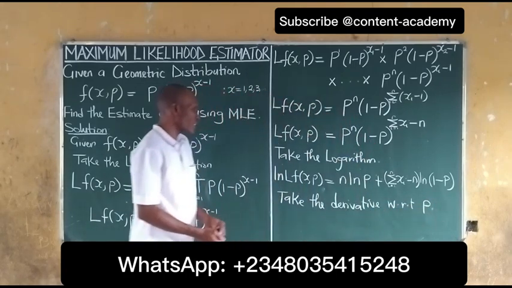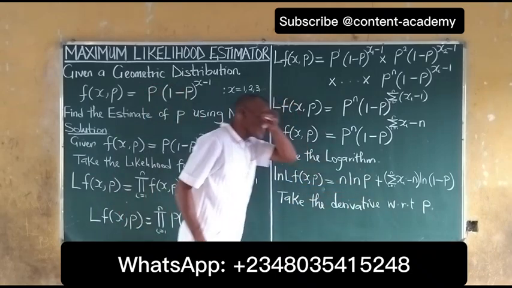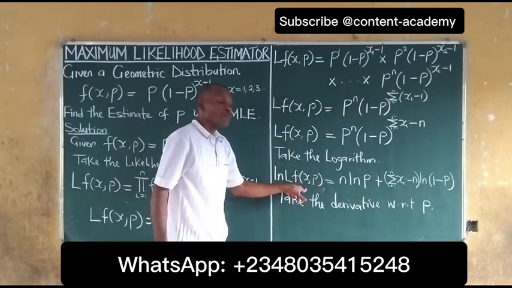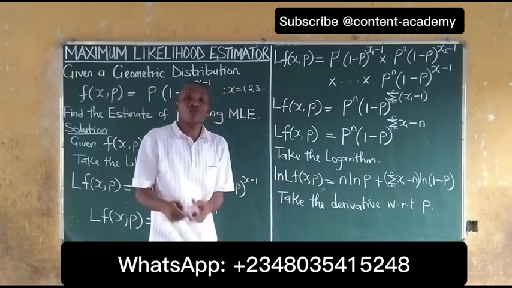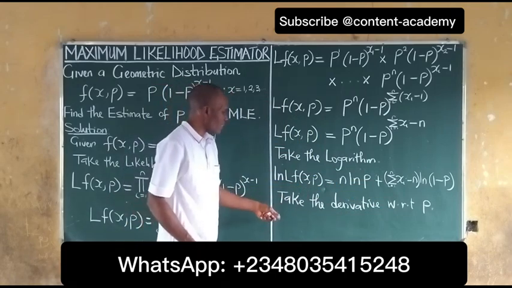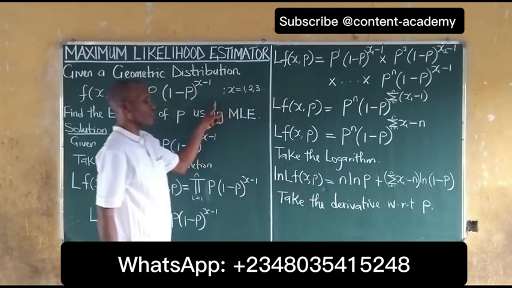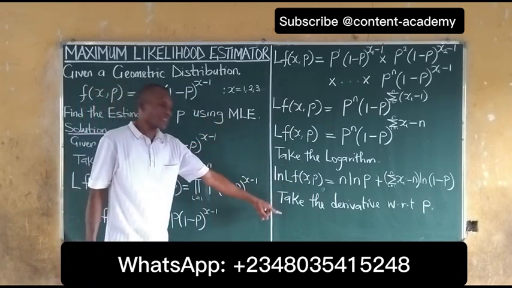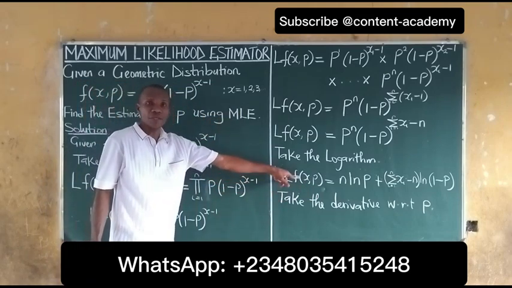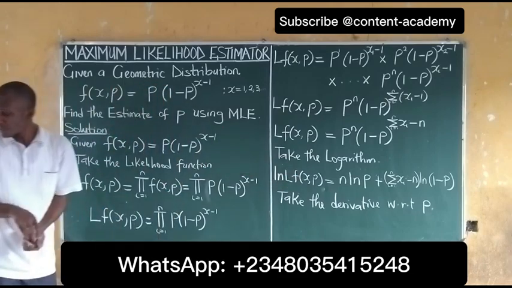So we take the derivative with respect to p. If we take the derivative with respect to p, we then equate whatever we get to 0. That is how we can find the estimate of p. So we move over to this side of the board to find the derivative of p.